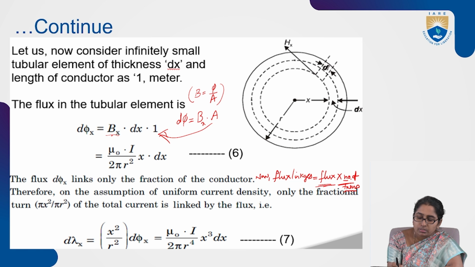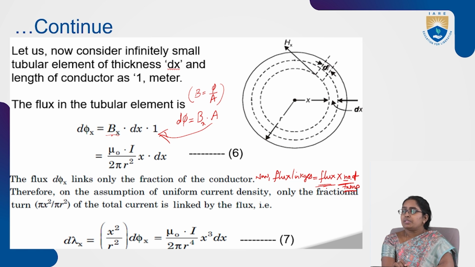This is what the flux linkages are. So finally, we are writing the flux linkages as d psi at a point x, at a distance of x meters.